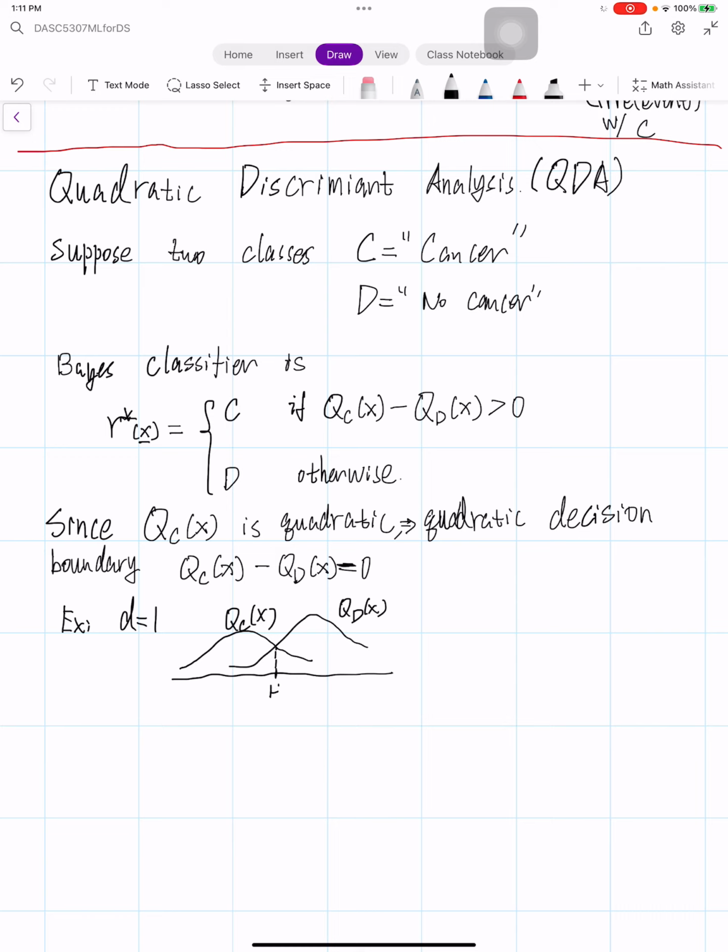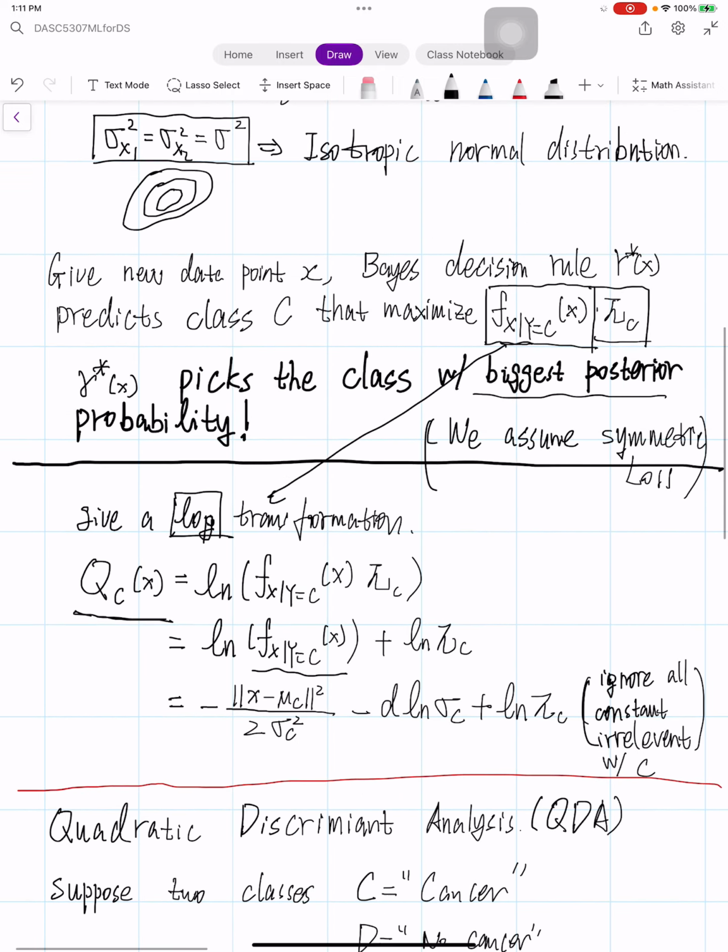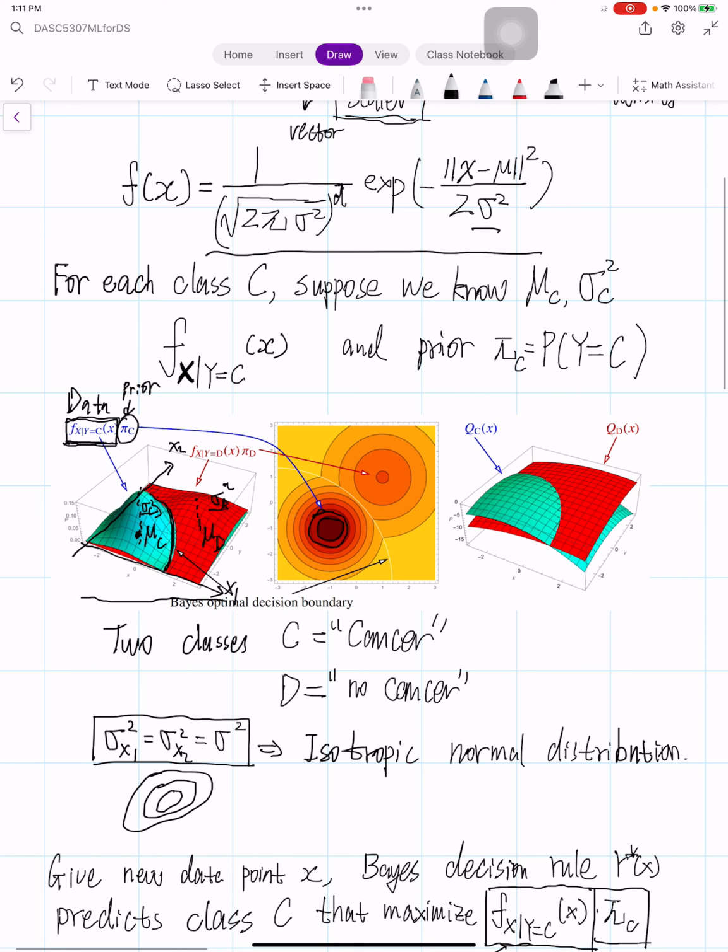So this is a decision boundary. For a two-dimensional case, we have a two-dimensional contour plot, and here we just have the decision function as a quadratic function. So this is a decision boundary.